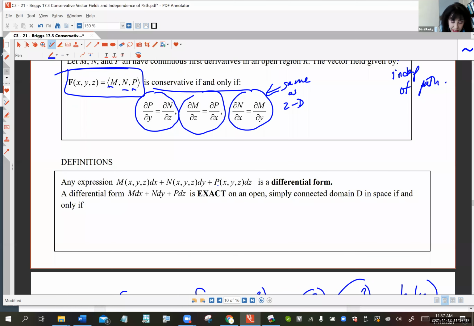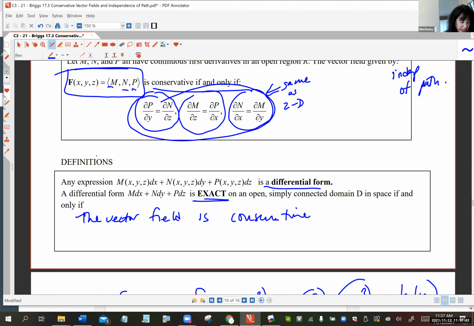And then further, there's this thing known as differential form, and then an exact differential form. So what does it mean to have a differential form be exact? It's exact if and only if the vector field is conservative. So if you have a 3D vector field, then that would mean you would need all three of these things to be true.